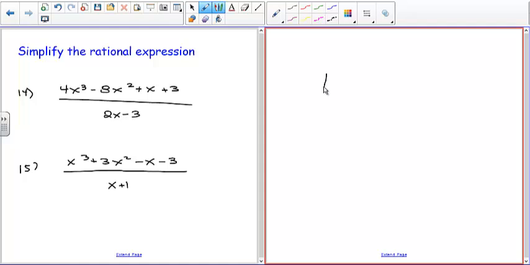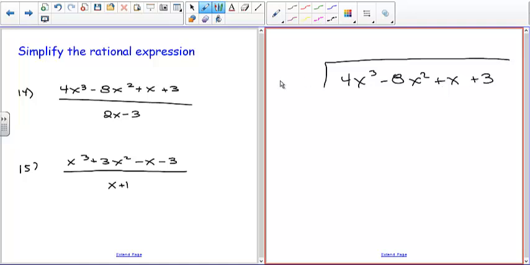So let's do that. We're going to take 4x cubed minus 8x squared plus x plus 3. We're going to divide by 2x minus 3. So the question is, what do I need to multiply 2x by to get 4x cubed?